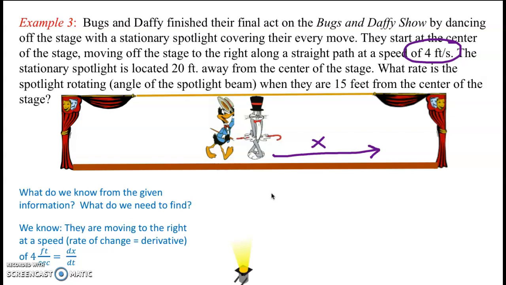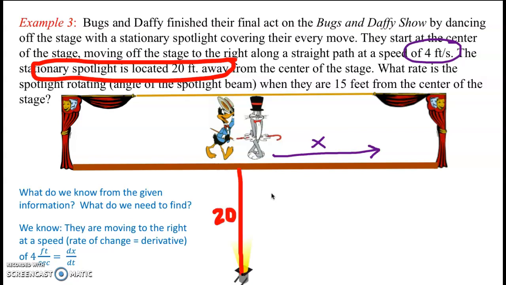It's the rate of change at which they're moving in that direction. I also know that the spotlight is stationary and located 20 feet away from the stage. I can label that with a constant 20 feet because that is not changing.